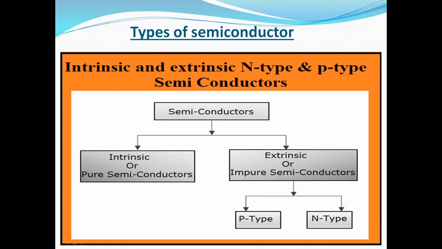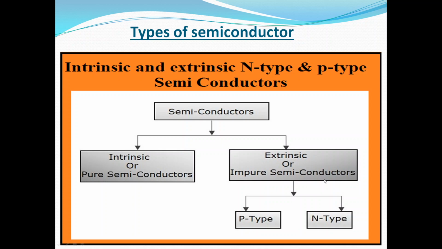So first, what is intrinsic and what is extrinsic? Intrinsic semiconductor means what? It is a pure semiconductor. And extrinsic means what? Some impurity is added in a pure semiconductor. It is an impure semiconductor.